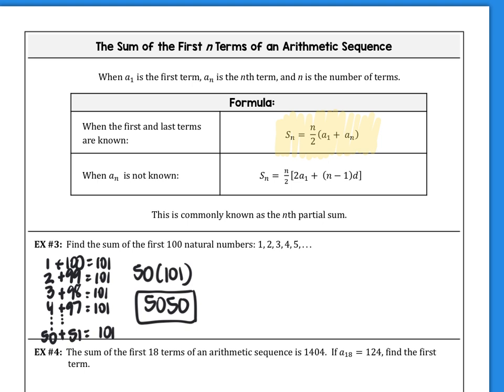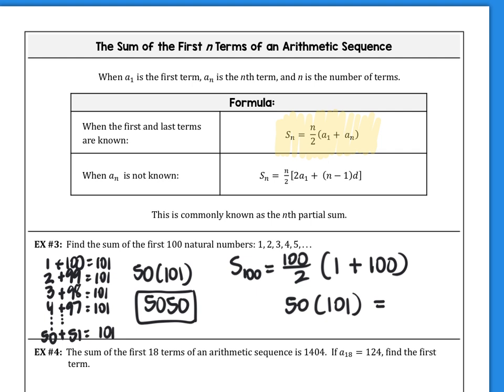Whatever group of numbers you're trying to add, half of it, first term plus last term. So if I want the first 100 numbers, it's 100 divided by 2, first term plus last term. And that gives us 50 times 101, which is 5,050, which is what we just found.